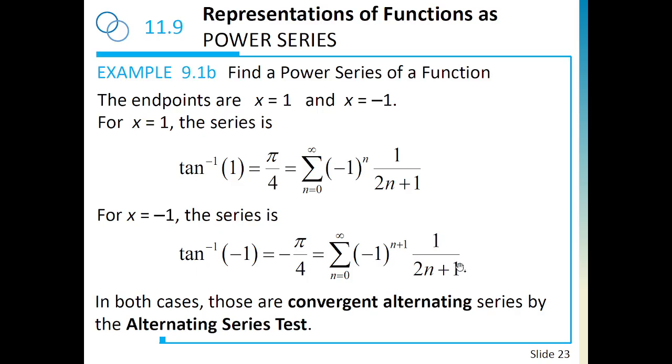It is straightforward to show that this expression goes to 0, and then it is decreasing. So the conditions for the alternating series test are very simple to verify. That means that this series is also convergent.